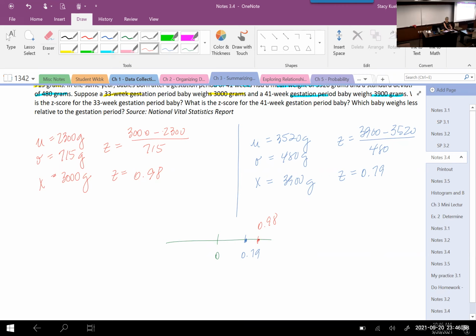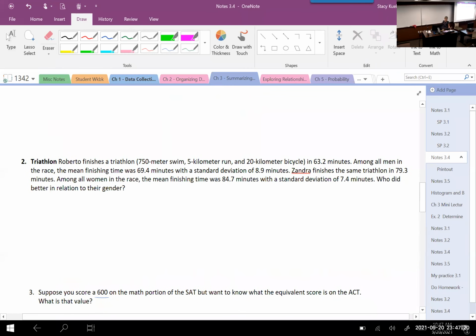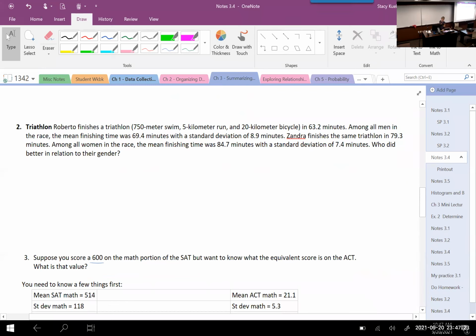Now, what I want you to do is, I have the other one on your paper, and I'm trying to trick you on this one. Okay, so I'm just telling you right now, it's not going to be what you think. We've got a triathlon problem right there, right? You have two runners. You have Roberto and Zandra. So in marathon running, you have an average time and standard deviation for the men, and you would have an average time and a standard deviation for the women.